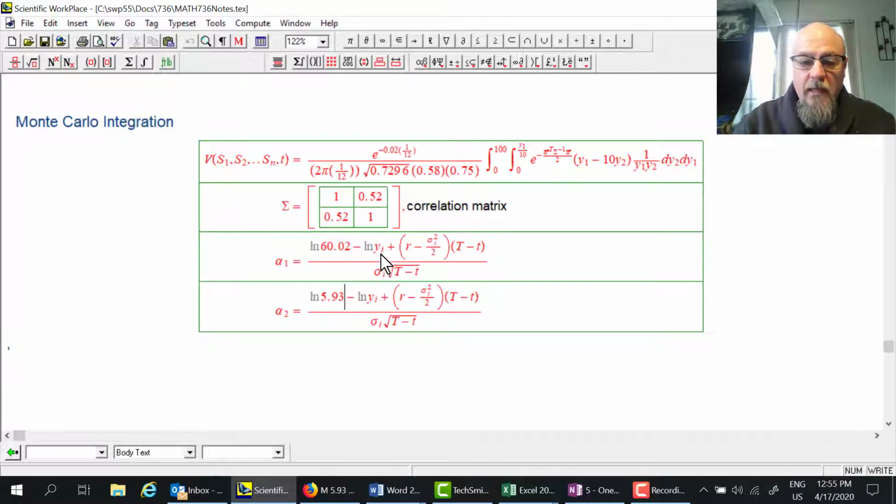The y's we leave because we're integrating those out, y1 and y2. The risk-free rate of return is 0.02. The time left is a 12th of a year.